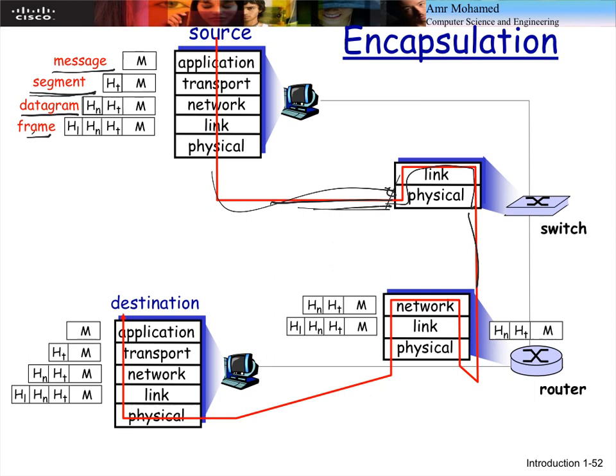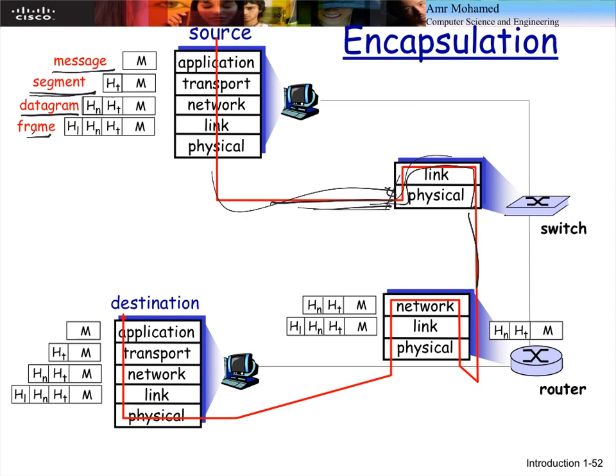Here I receive an analog signal converted into bits, and in order for the switch to perform its function, it has to look up the physical address. To get the physical address from an analog signal, I have to decode it into bits, form the frame, and then read the physical address in order to switch it to any of the output ports.